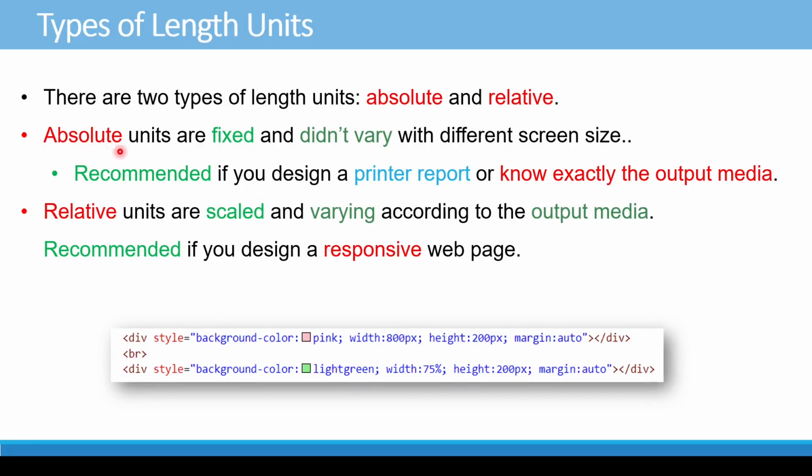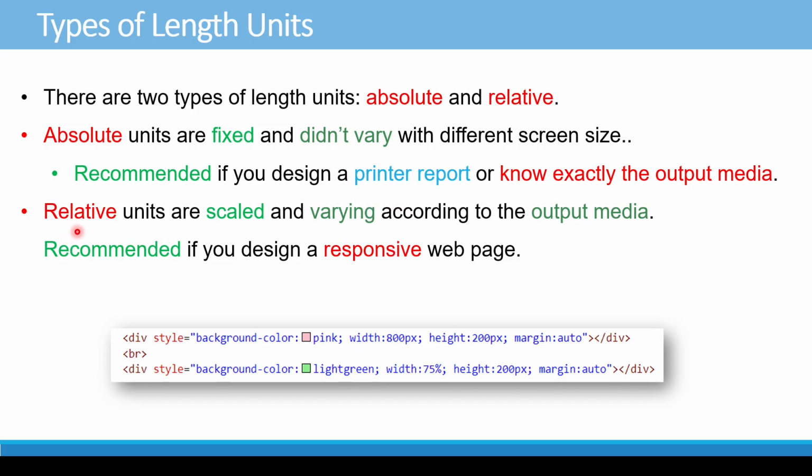Absolute units are fixed and don't change with different screen size. It is recommended when you know exactly the output media, like when you design a printer report.